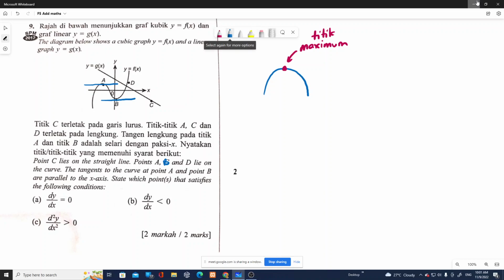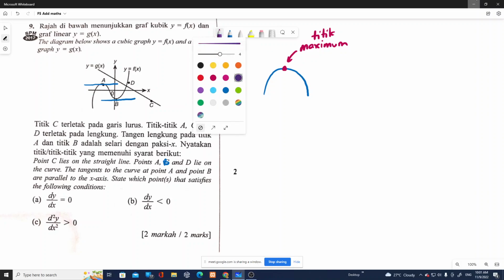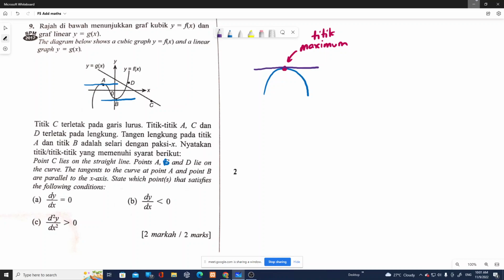So if we were to draw a tangent to the curve at this point, for example, if I draw a straight line touching the maximum point, then this is called the tangent to the maximum point. What is the dy over dx? The value of dy over dx is always equal to 0.